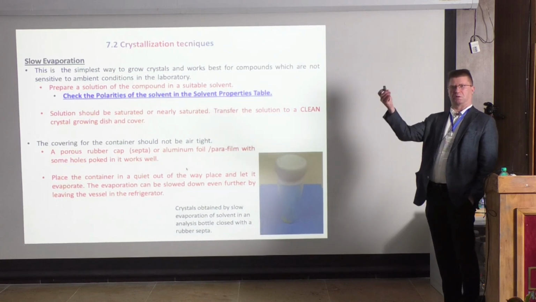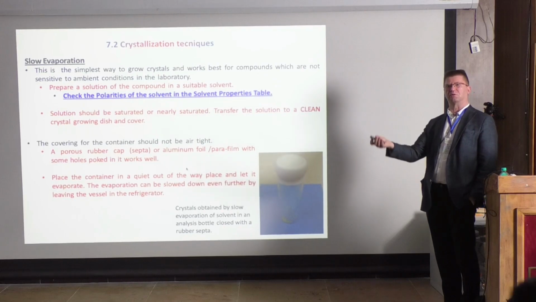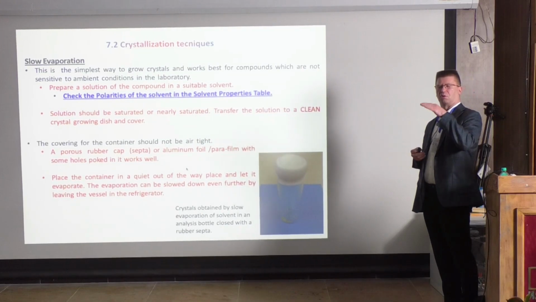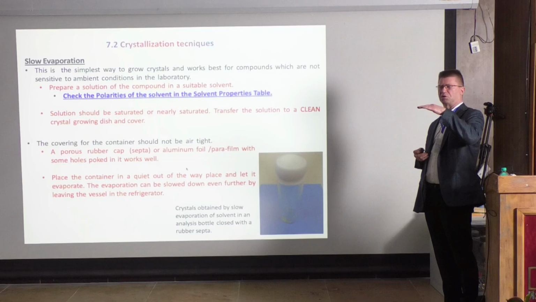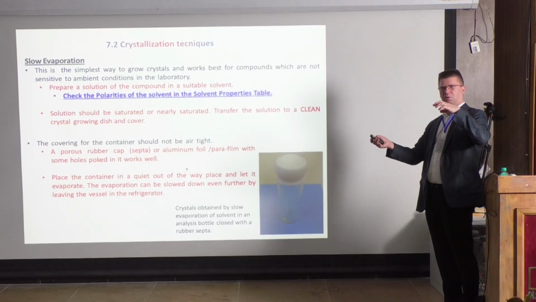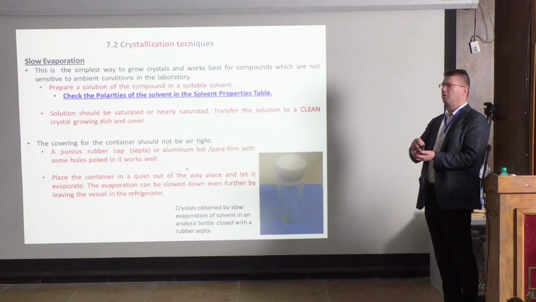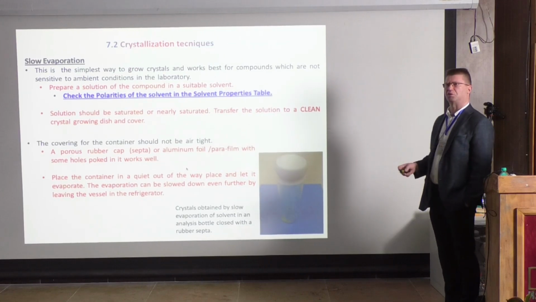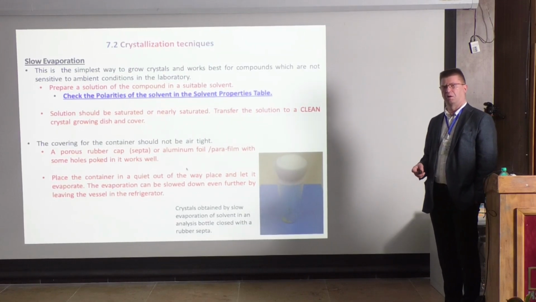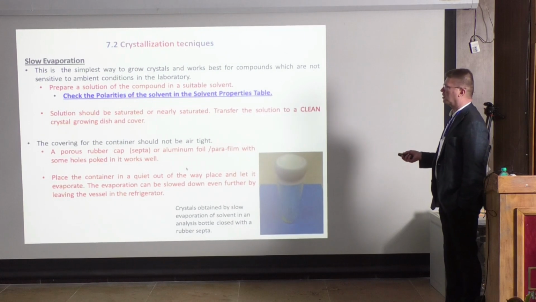The water starts to evaporate, and in a certain time there will be a concentration limit where the sugar molecules are seeing the other sugar molecules and they start forming a crystal. And then the crystals form in there. That's the idea. It's a slow operation, it's the simplest. And now it's easy to understand the idea.